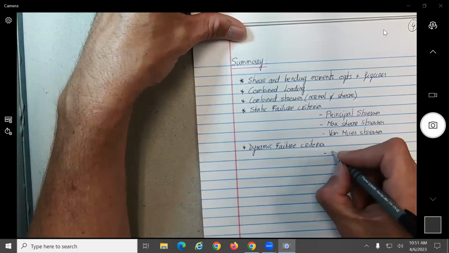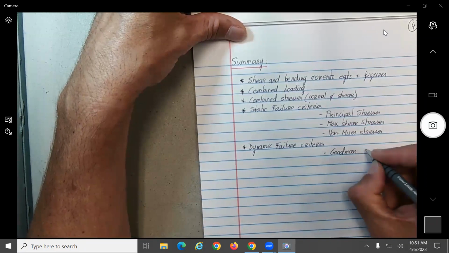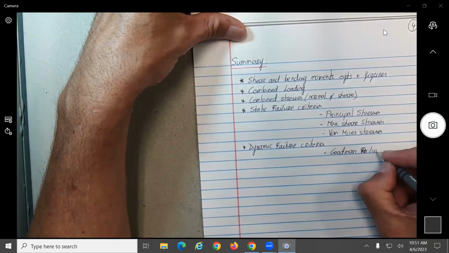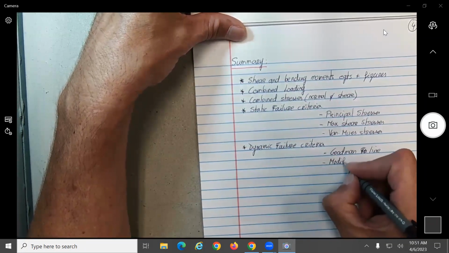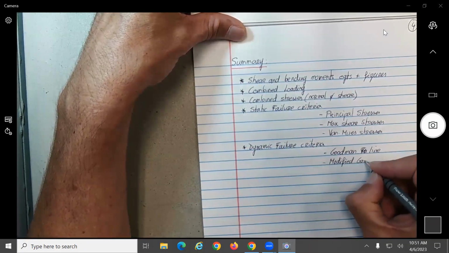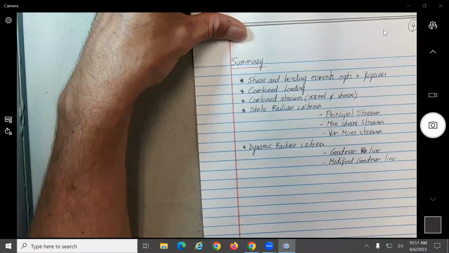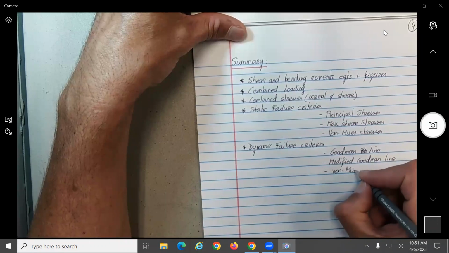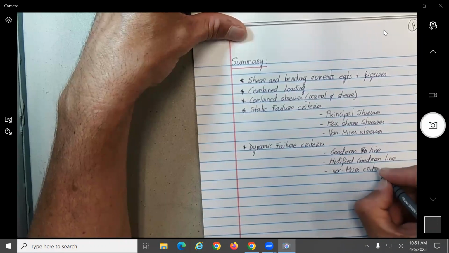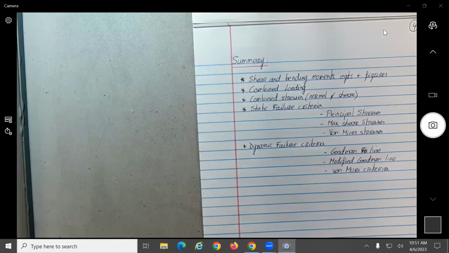If you want, we have done the Goodman line, modified Goodman lines and then the von Mises criteria.